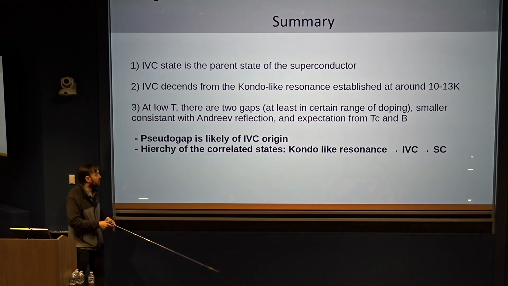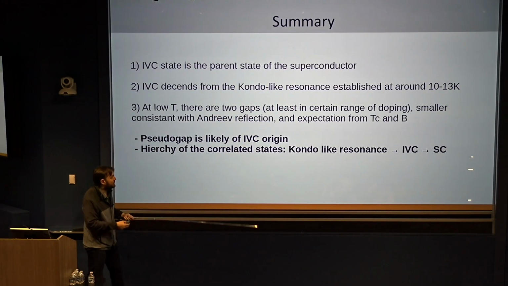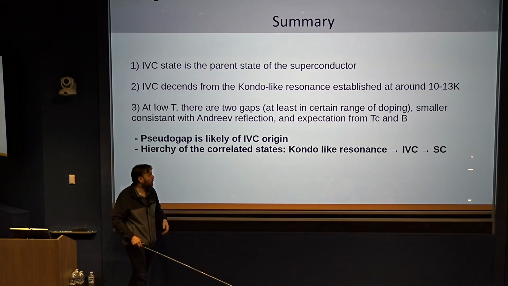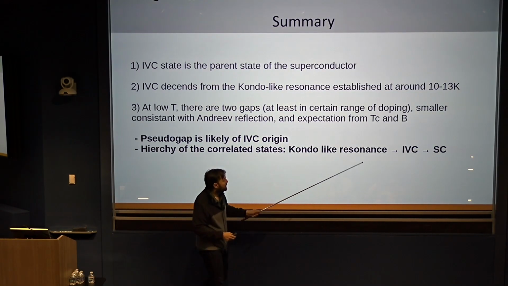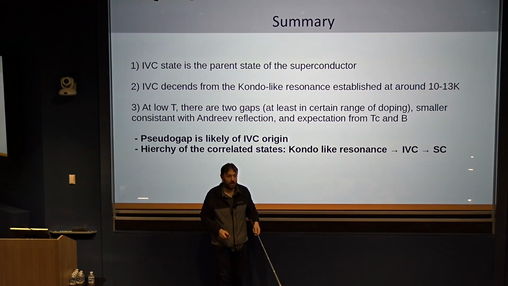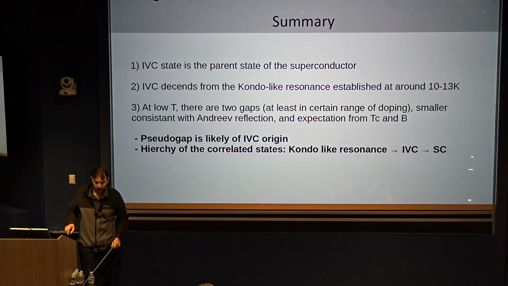It's not clear if it's just the opening of a gap or if something more complicated is happening. The hierarchy of correlated states, from highest temperature to lowest: you have the establishment of this Kondo-like resonance, which goes into intervalley coherence, and then into a superconductor. With this, I would like to finish, and I'm happy to take more questions.